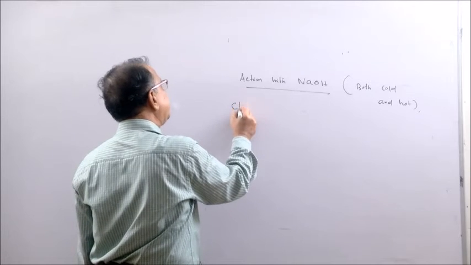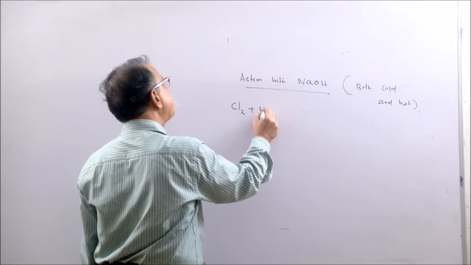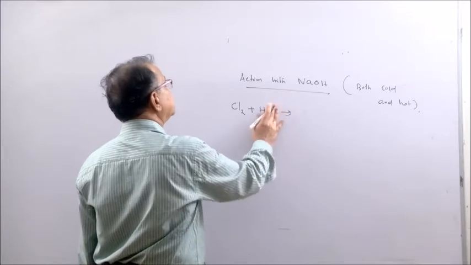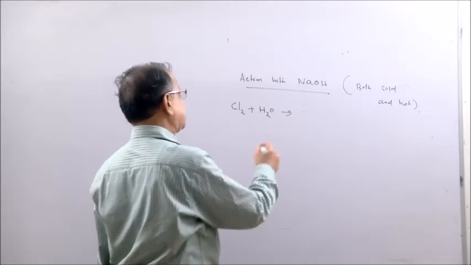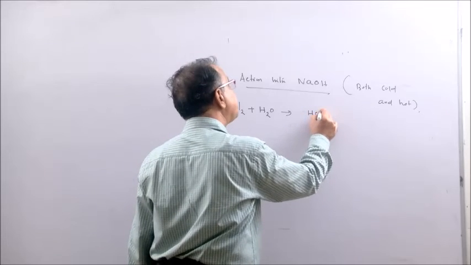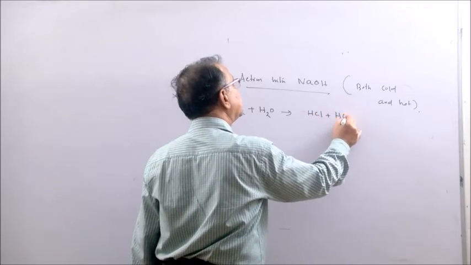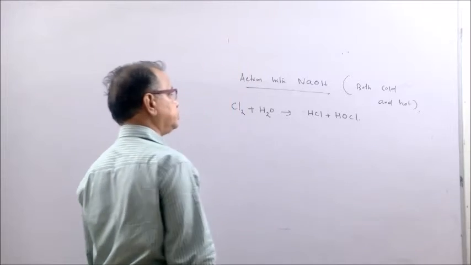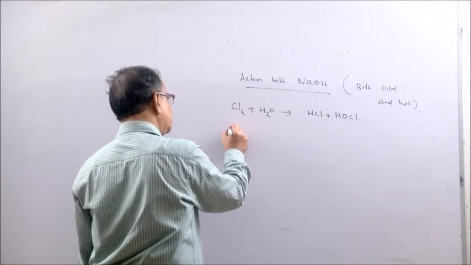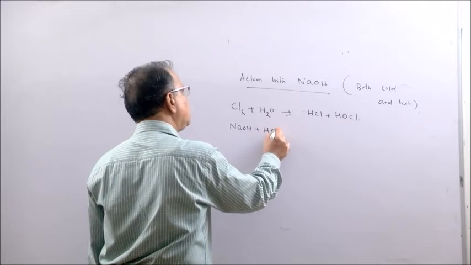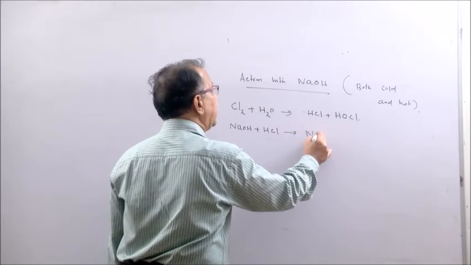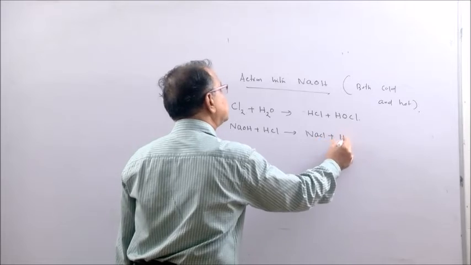You write down chlorine plus H2O. First step, HCl plus HOCl. NaOH plus HCl will get NaCl plus H2O.